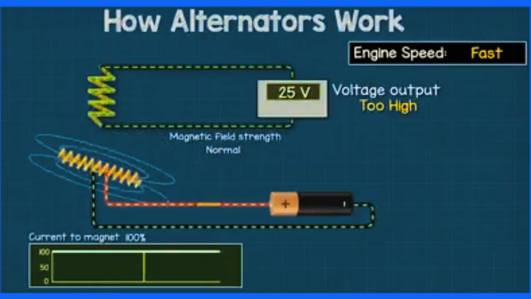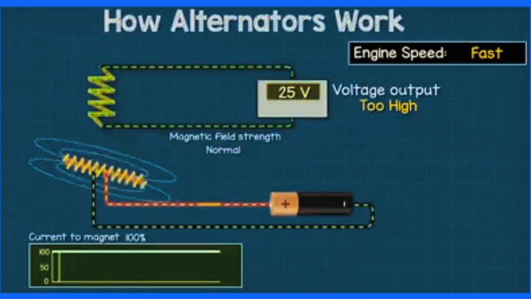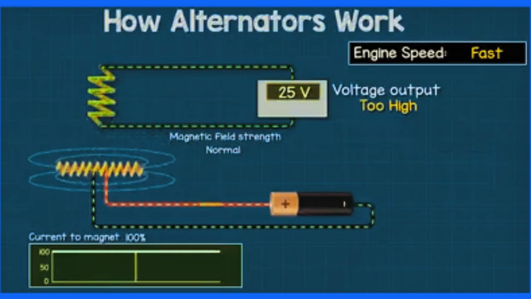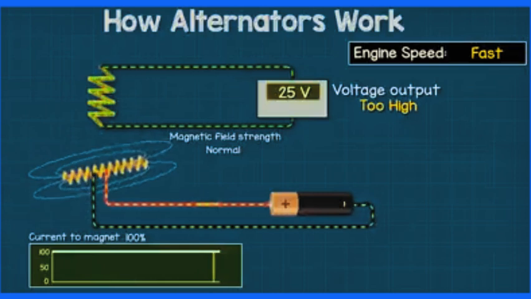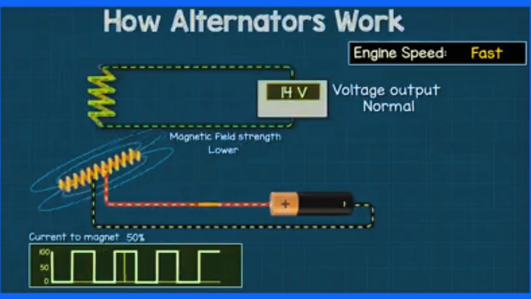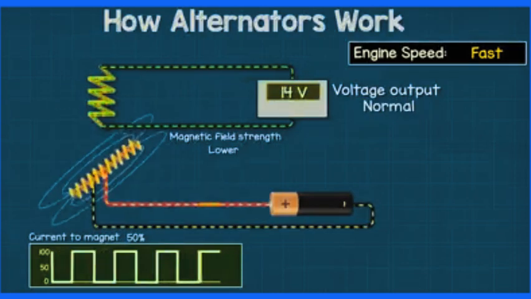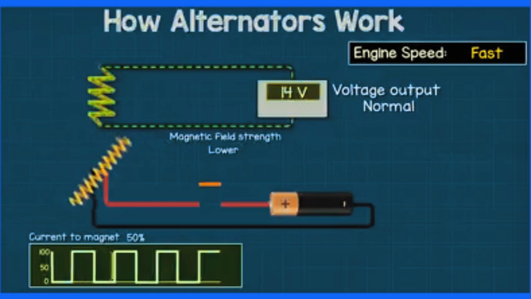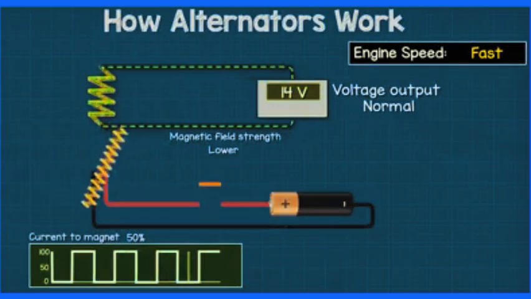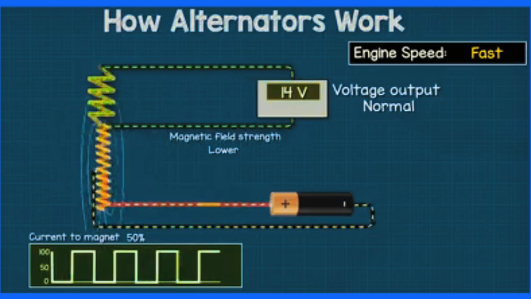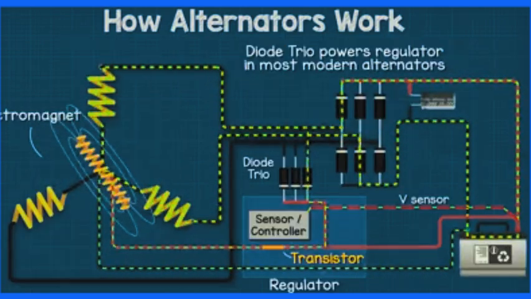If the car speeds up, then the magnet will spin faster and that will increase the output voltage and current. But if we now control the switch so that electricity is only flowing for half of the time, then we get 50% of the current and therefore the electromagnet is only 50% of its strength.